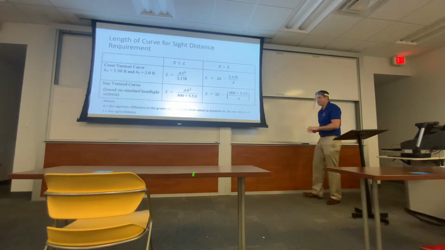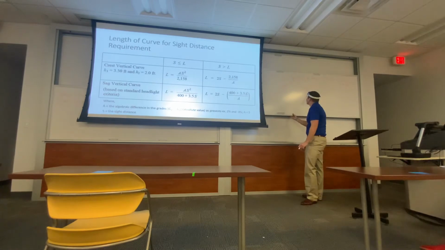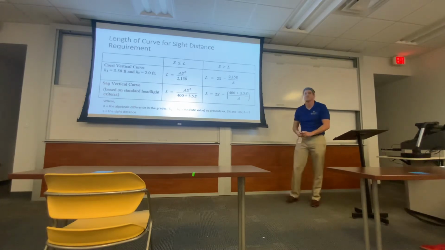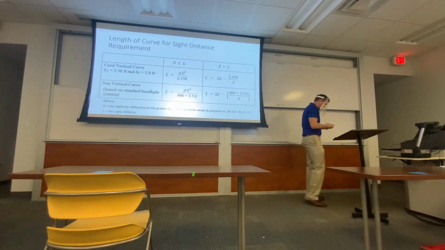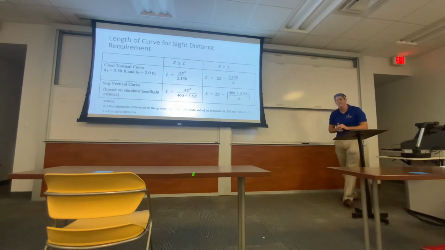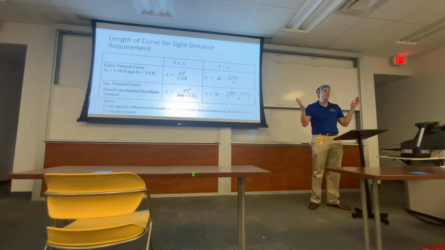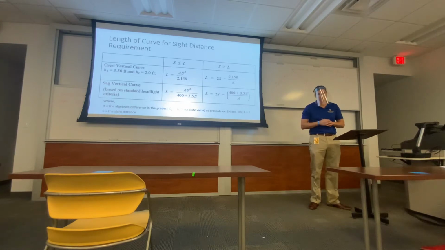What G am I using? The algebraic difference? Well, there's two grades I could use. How many grades are there I could use? I think there are 4 grades that I could potentially use.